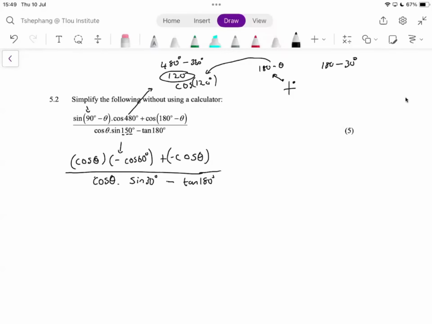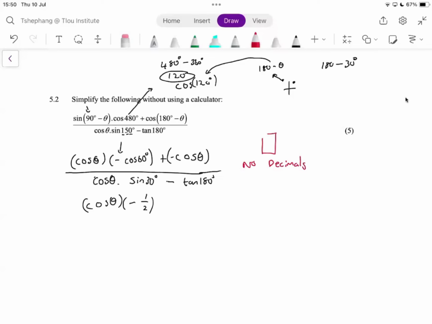All right. Now, let's check what we can do. Up here, I'm just going to say this is cos of theta. Now, cos of 60, which is negative, it must give you 1 over 2. You can use your calculator, but do not write a decimal. I'm going to write in red there. No decimals.